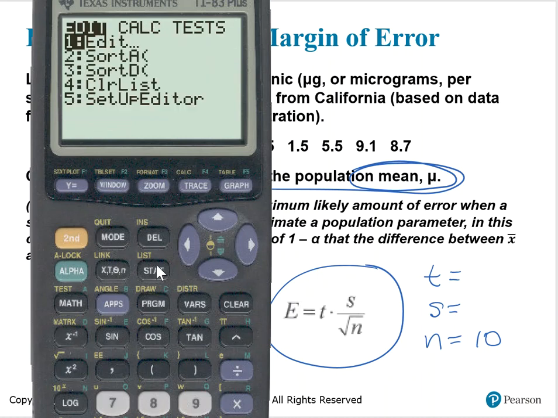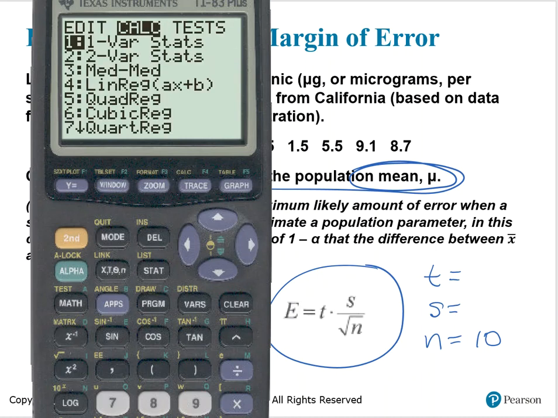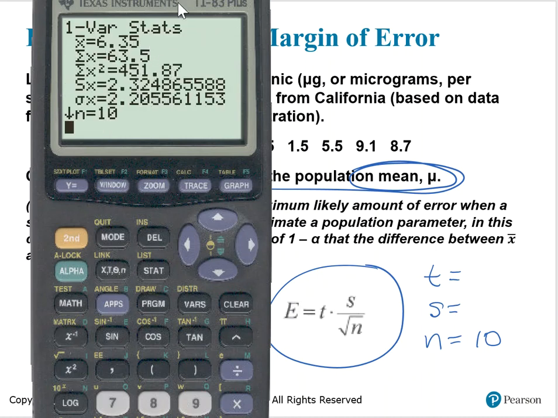And then I'm going to press Stat, Calc, 1-Var Stats, and this is going to give me s, which is 2.32487.